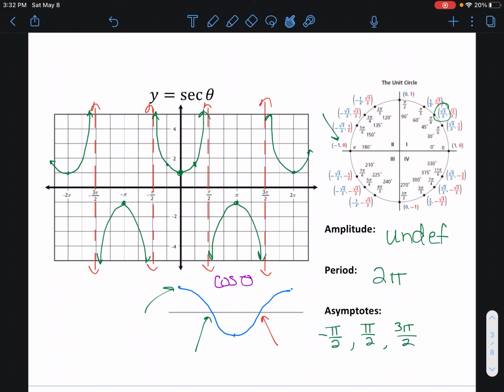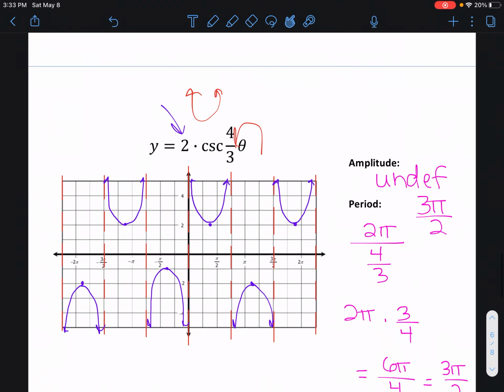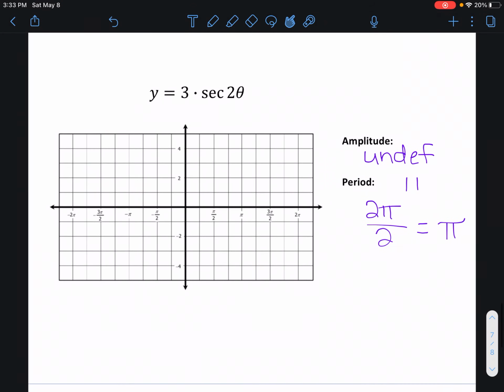Now notice this first one here, that's a total distance of pi, but it sort of straddles the y-axis. So when I cut that in half, so this one is pi.